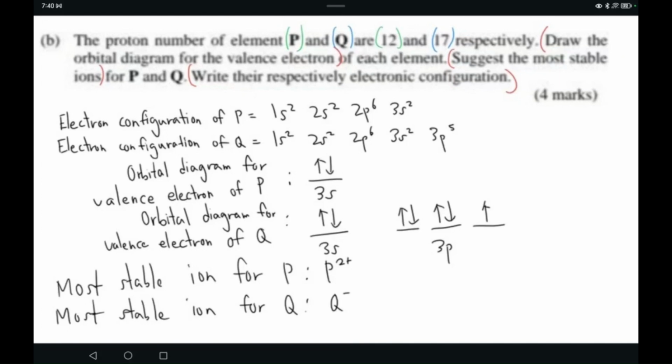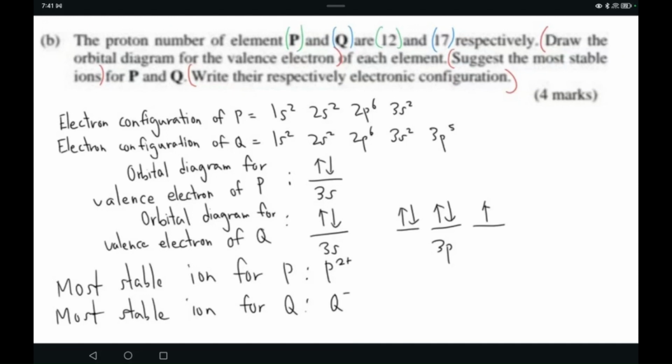When we need to find the electronic configuration, we need to know the proton number of the element. From the question, we know that the proton number of P is 12 and the proton number of Q is 17. The proton number is equal to the number of electrons in the element.